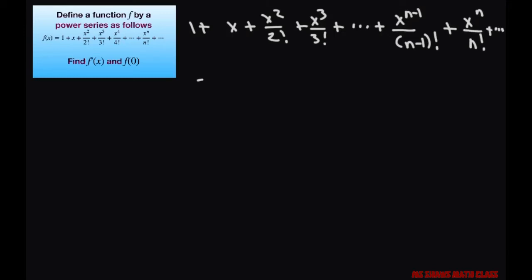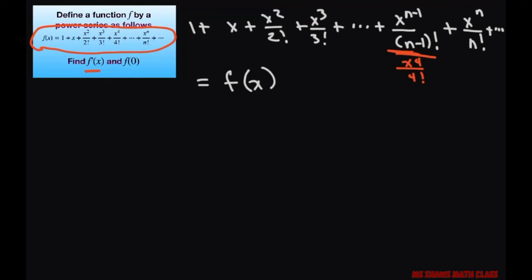This just equals our original function f of x. So that's our derivative. I added this part, but this could be basically x to the 4th divided by 4 factorial, depending on what your n is.